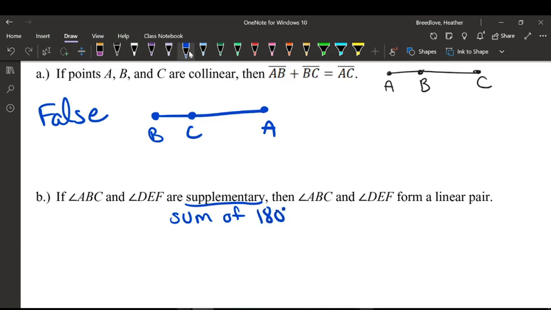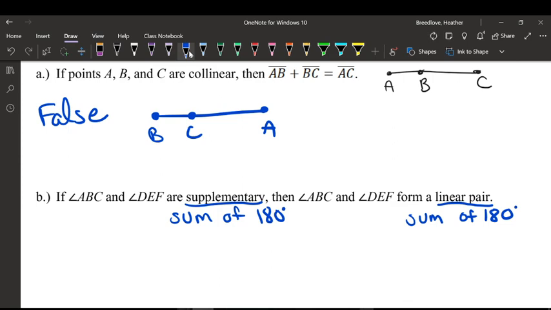And then form a linear pair. What sum does a linear pair have? What shape does it make? A line pair, right? So a pair of angles that make a line. So a straight line also has a sum of 180 degrees.